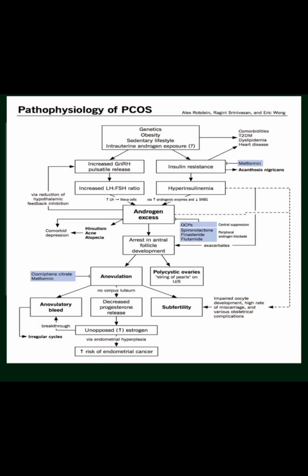Because now you understand that insulin resistance can predispose someone to hyperinsulinemia, which further causes androgen excess because of reduced sex hormone binding globulin, and also there's increased gonadotrophin releasing hormone, which is released in a pulsatile form, causing an imbalance of luteinizing hormone to FSH. So the luteinizing hormone will be more and will act on the theca cells and cause ovarian androgen hormone to be produced from the ovaries.